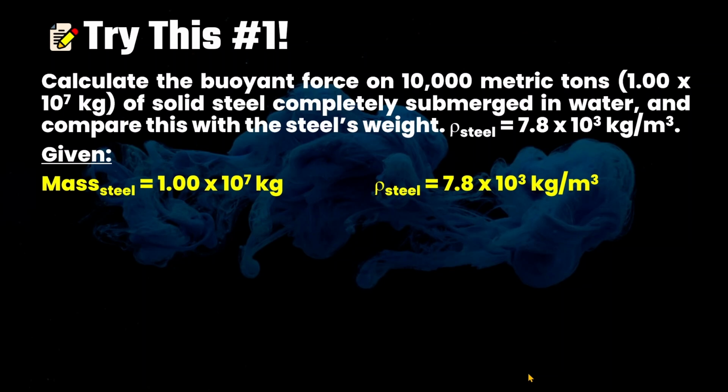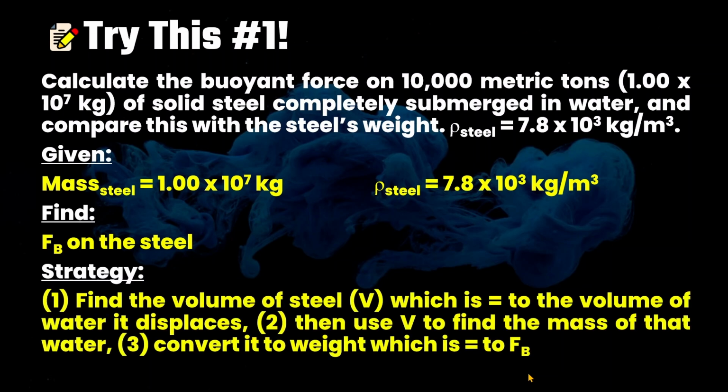We have here the mass of the steel is 1.00 times 10 raised to 7 kilograms. The density of steel is 7.8 times 10 raised to 3. We have to find the buoyant force on the steel. The strategy for this is, remember the formula of density: mass over volume.